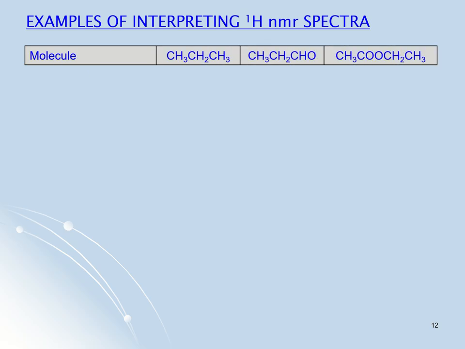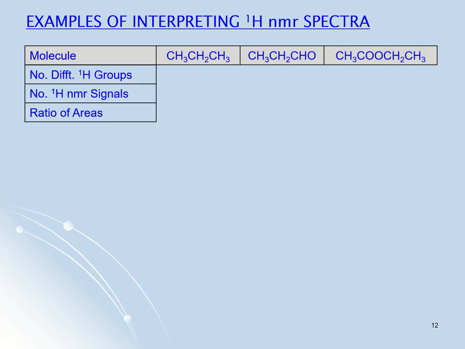Okay, so that's all the background done, guys, and we're now going to have a look at examples of how we actually interpret these NMR spectra, which is what you're going to have to do in an exam primarily. So we're going to look at three molecules here. We'll work them out together, but if you think you're capable of doing this, you can just crack on and do it yourself.